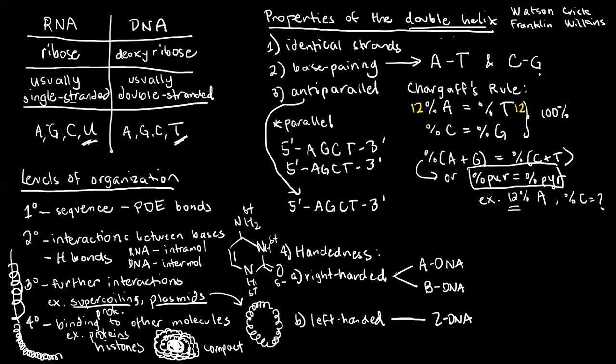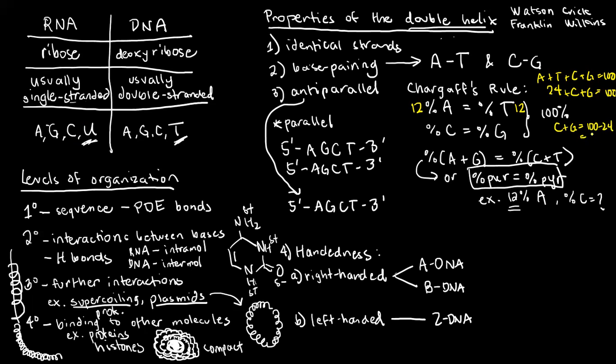Now, what does that give us? Remember, if I add A plus T plus C plus G, that should be 100, right? And since A and T are both 12, this is 12 plus 12, so this is 24, at least in my problem here. Then plus C plus G equals 100. So if I transpose 24 to the other side, C plus G is equal to 100 minus 24.